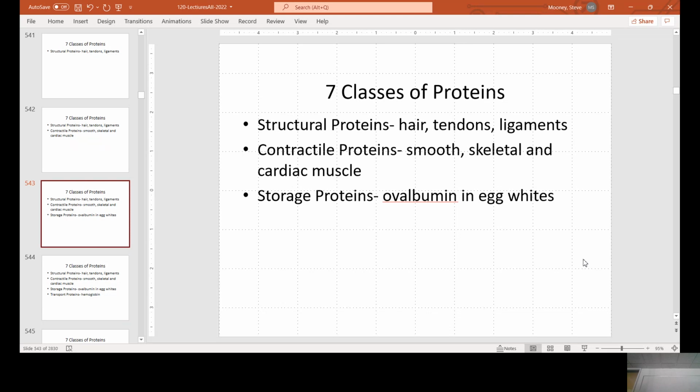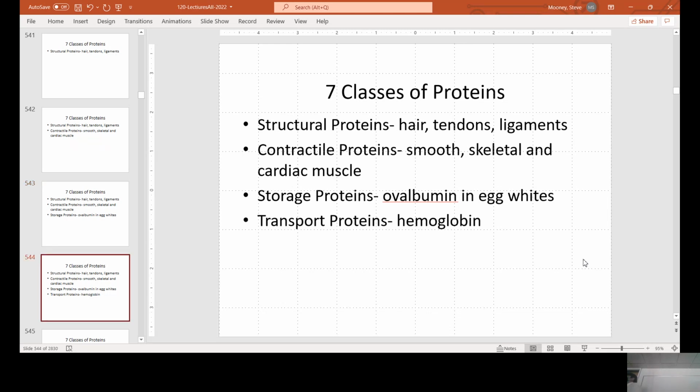So you have proteins that are meant to hold amino acids until that embryo needs them. Transport proteins, things that pick up things and move them around. Hemoglobin is a classic example. It picks up oxygen and moves it deep into the body where it's needed.